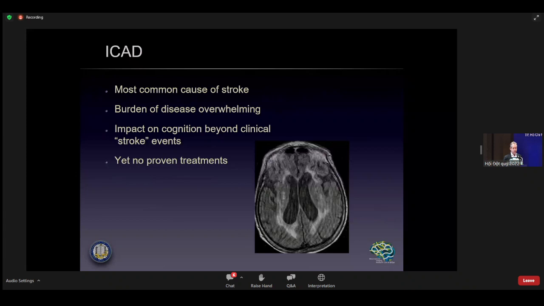And some people complain a lot and others don't complain at all. And people may have cognitive impairment that's associated with recurrent, relatively silent events, but they may not have a stroke. And what imaging does is it provides a secondary diagnostic approach in parallel to the clinical complaints, where we can track what happens over time.